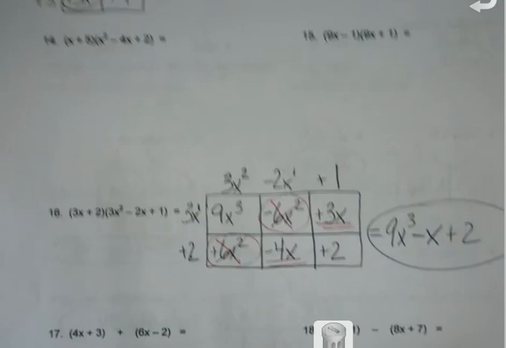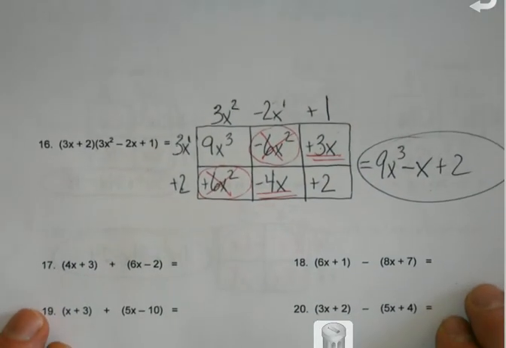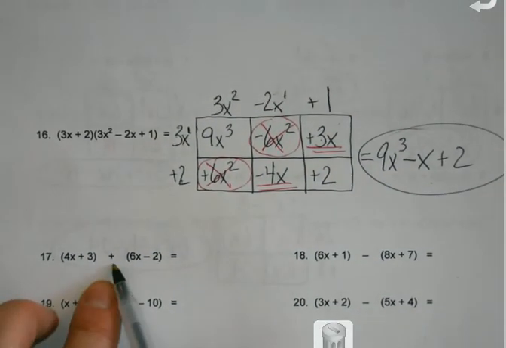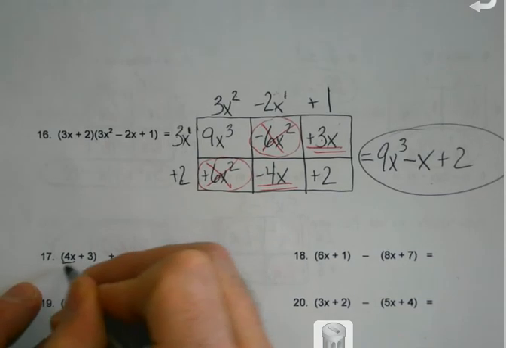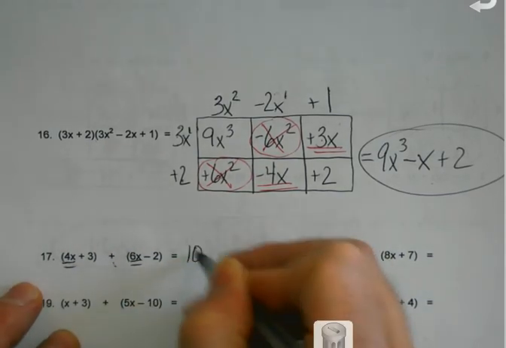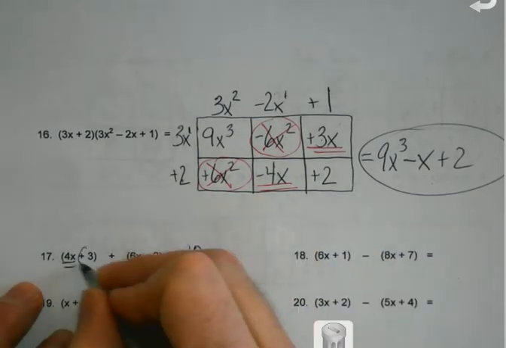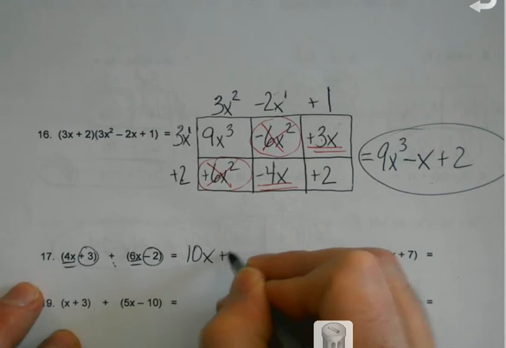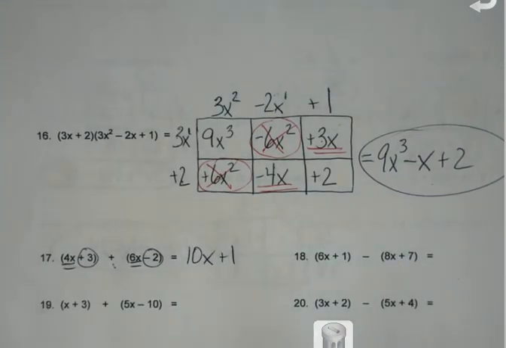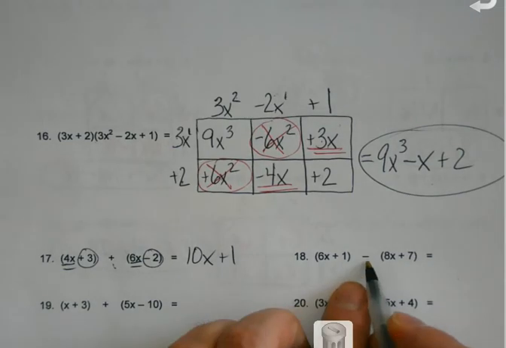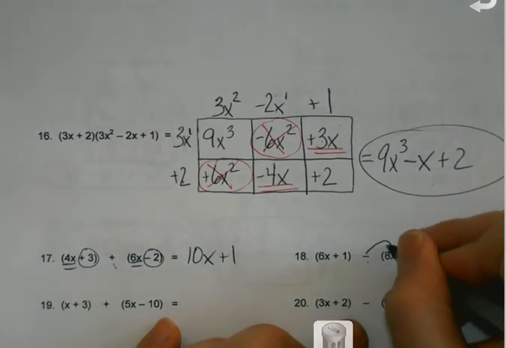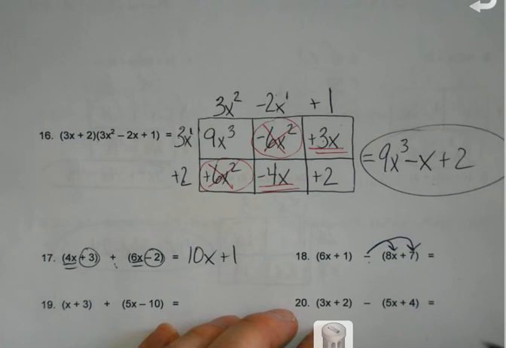However, when I get down to the bottom, I might throw a couple of these in to see if you're paying attention. If you put a plus in the middle, no multiplying, just combine like terms. Not only would you do more work if you did a box on this, it'd be wrong on top of it. Who wants to do that? If it's minus in the middle, just make sure the minus distributes.